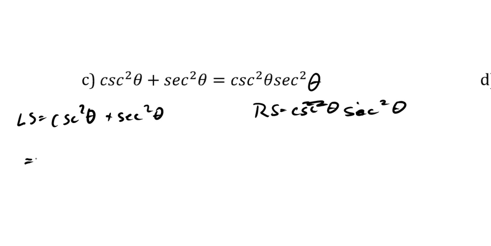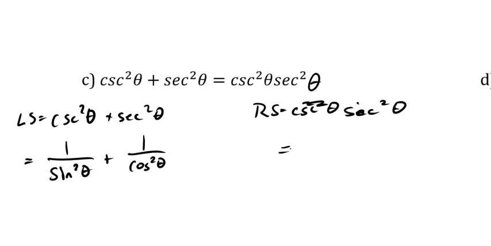On this side, cosecant squared theta is 1 over sine squared. Secant squared theta is 1 over cosine squared. And on the right side, there's no reason why you can't do a step on each side.